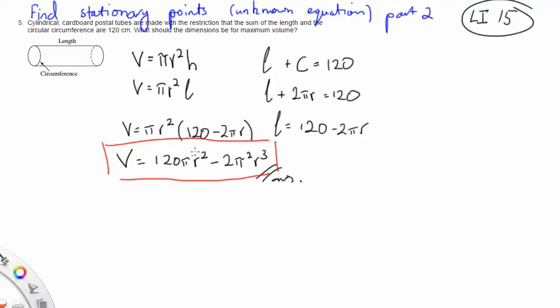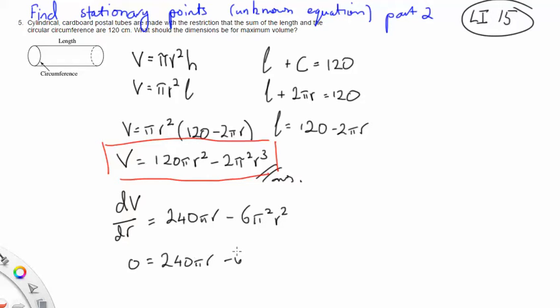Alright, well, we've got the formula, then we find the derivative. So dV/dr equals 240 pi r minus 6 pi squared r squared. So I've taken the derivative there. Well, we want to find out when it's maximum, so let's set the derivative equal to 0. 240 pi r minus 6 pi squared r squared equals 0.